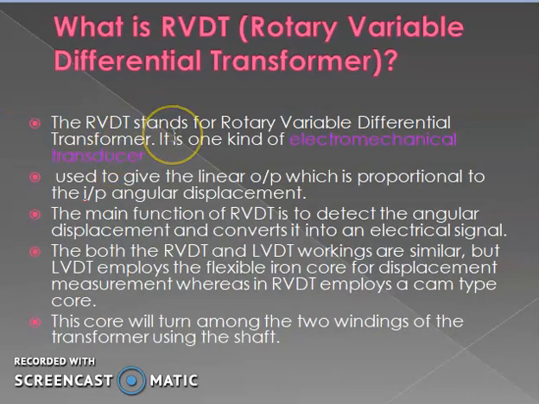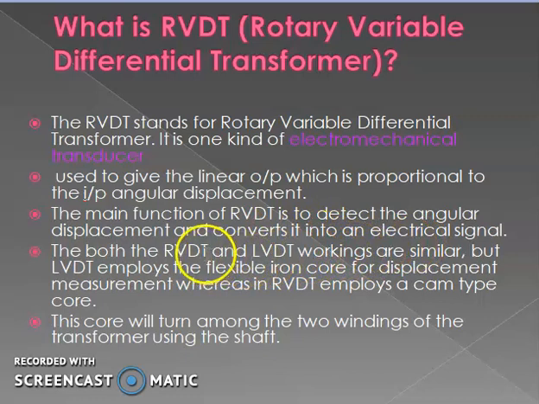The RVDT, Rotary Variable Differential Transformer, is one kind of electromechanical transducer. It gives a linear output which is proportional to the input angular displacement. The main function of the RVDT is to detect angular displacement and convert it into an electrical signal.